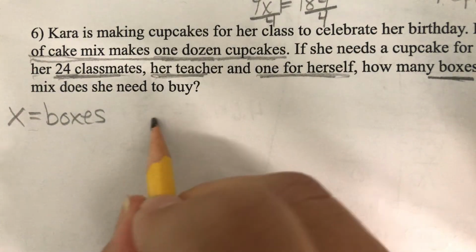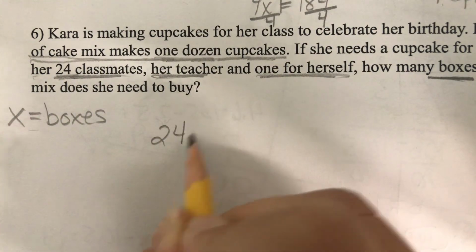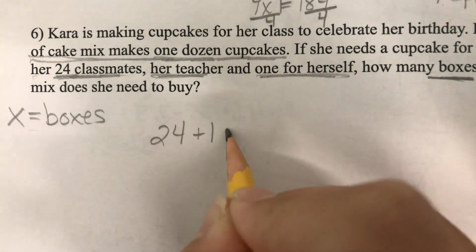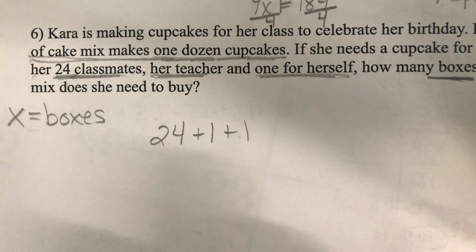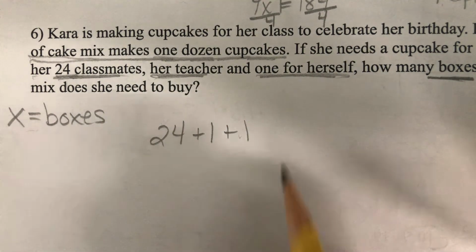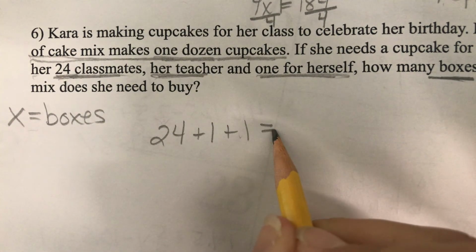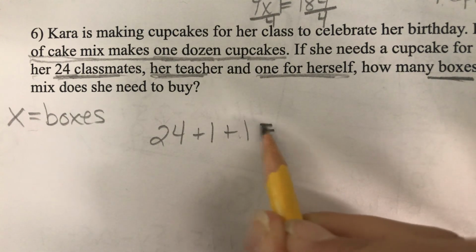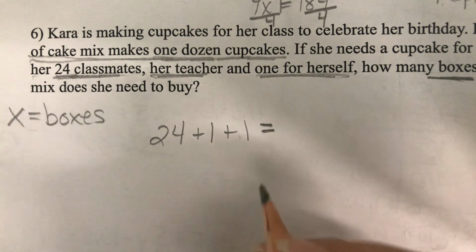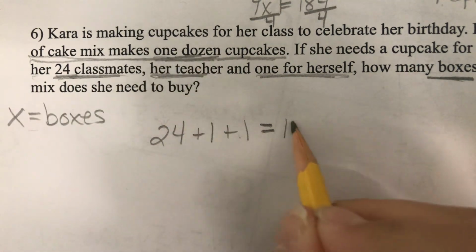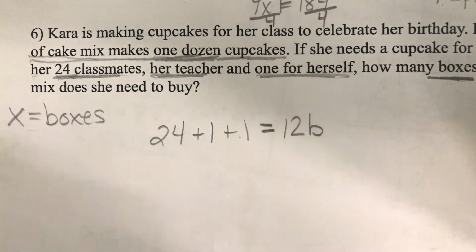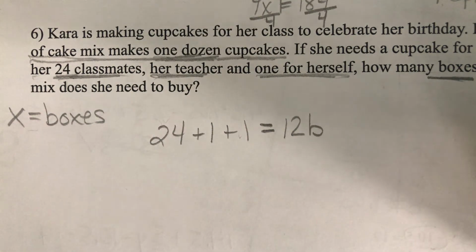So let's start here. She's got 24 classmates, 1 for herself, and 1 for her teacher. That's gotta equal, right, how many boxes she needs. So in each box, though, we have to take into consideration this 1 dozen. So that's equal to 12 per box.